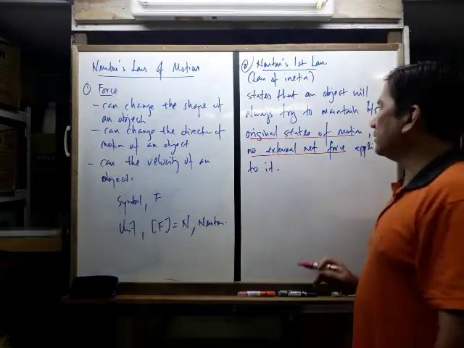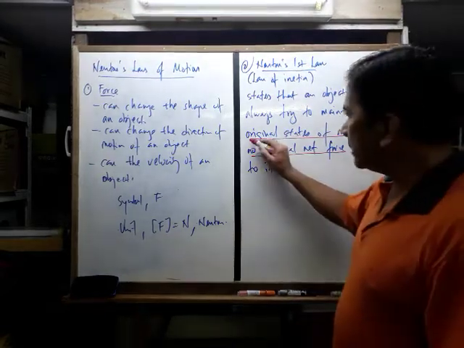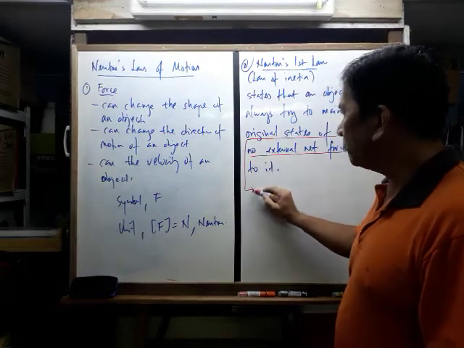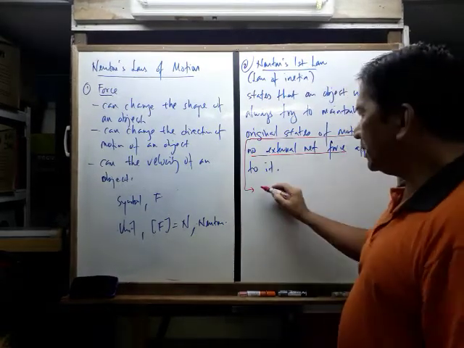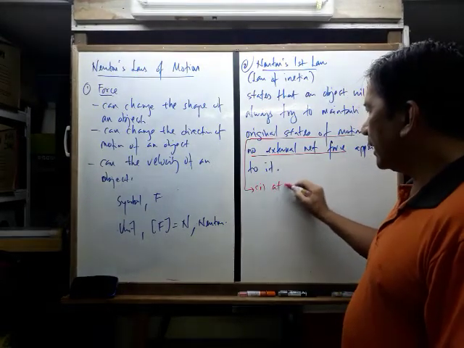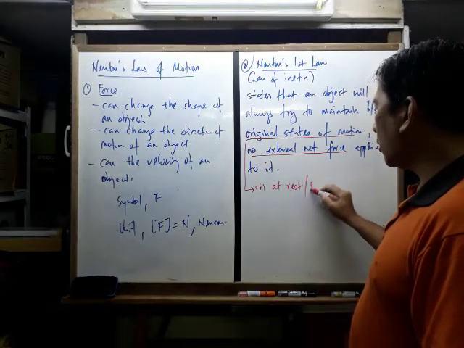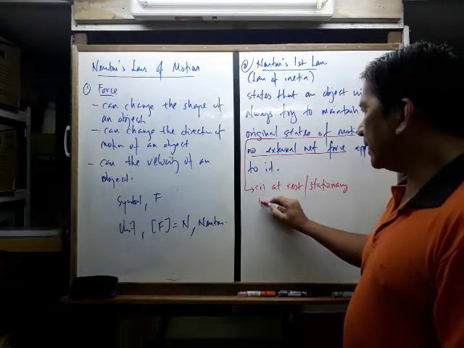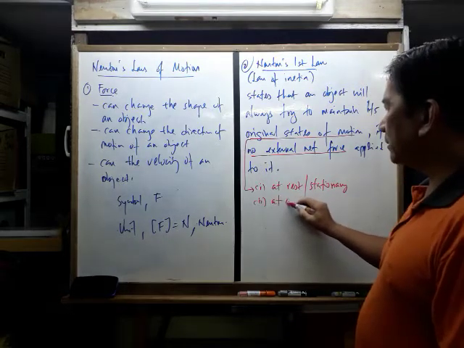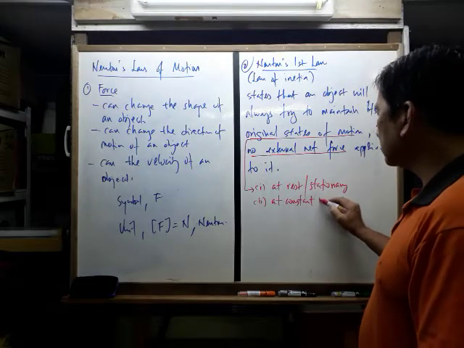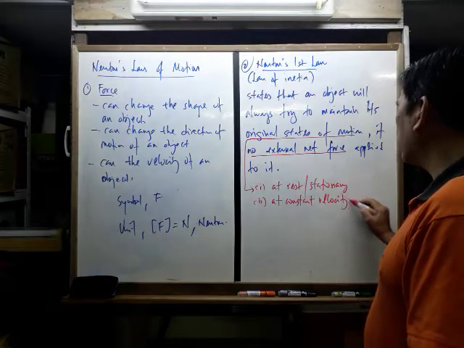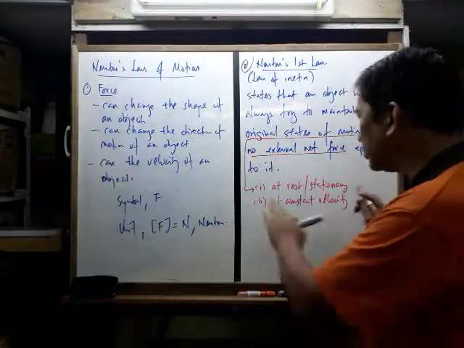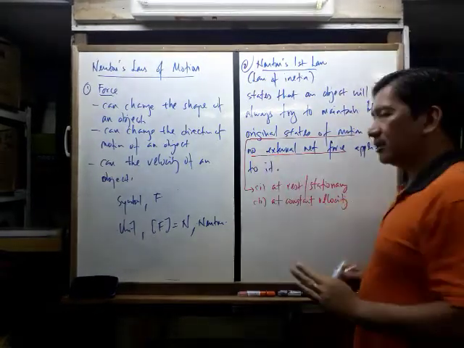When we mention the original state of motion, it means the object can initially be, number 1, at rest or stationary, or at constant velocity. Either one of these conditions is the original state of motion.